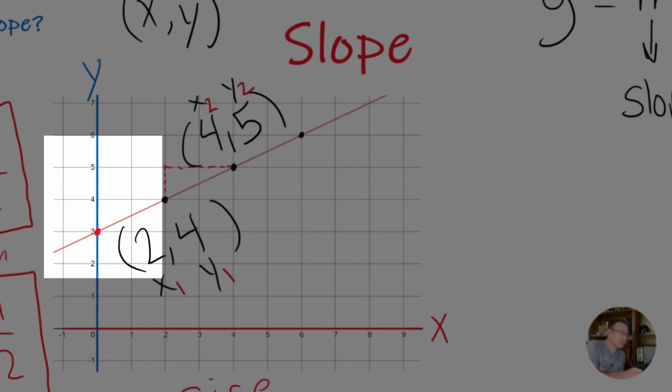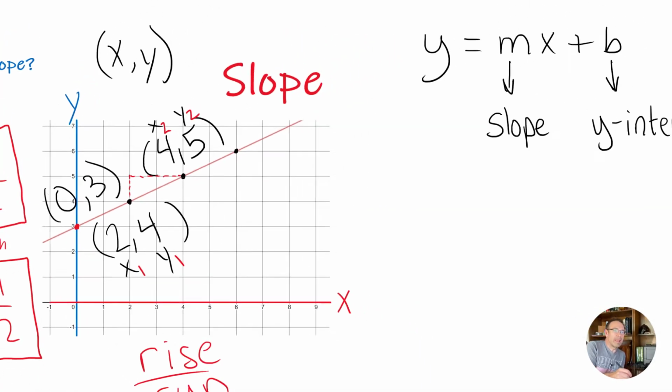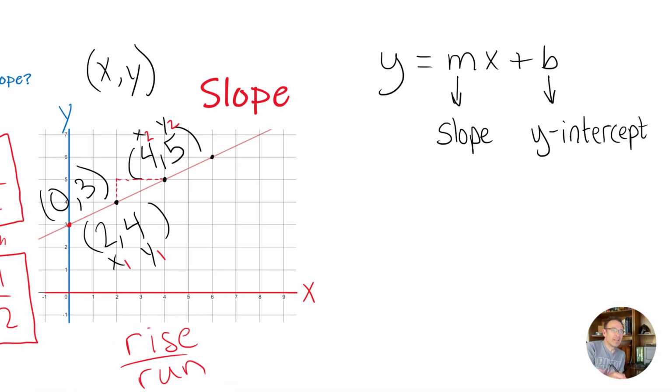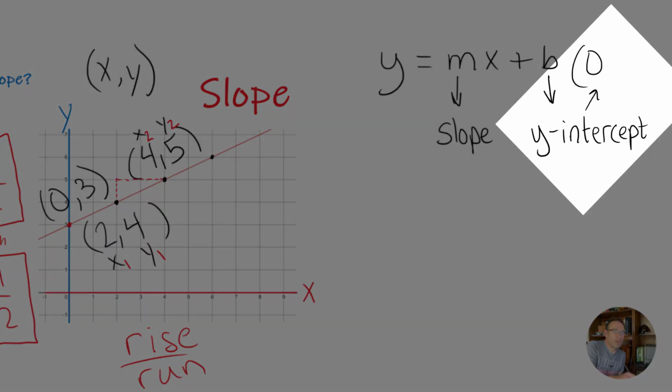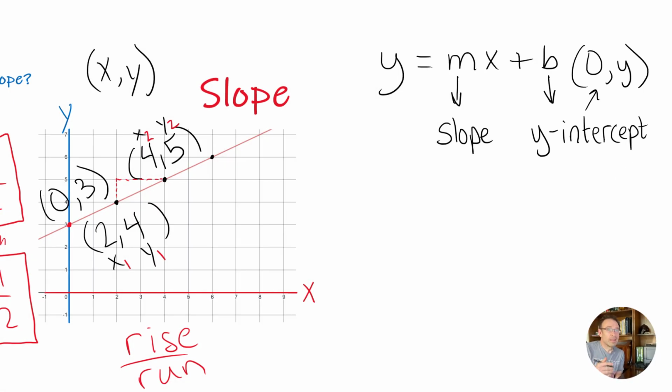In other words, if I were to label this point, it would be 0, 3. So it's the y value of the line when x is 0. Any y-intercept you see is going to have a value like that. It's going to look like this: 0, and then whatever the value of y is, right? Because it's your y-intercept. It's where it crosses the y-axis.